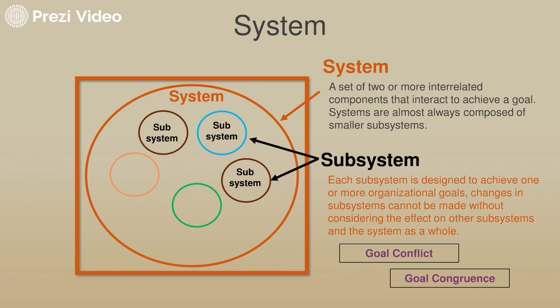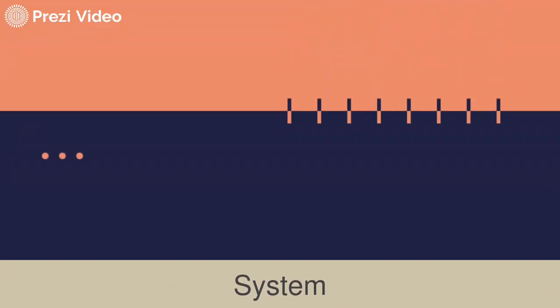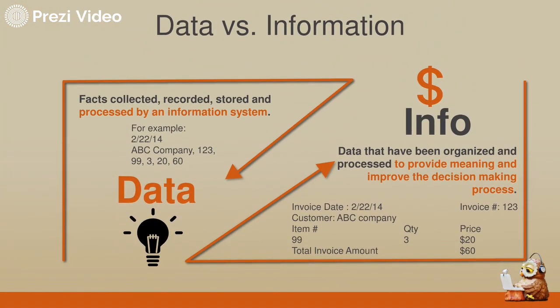The next thing that you need to understand, related to the accounting information system, is also important: the difference between data and information.